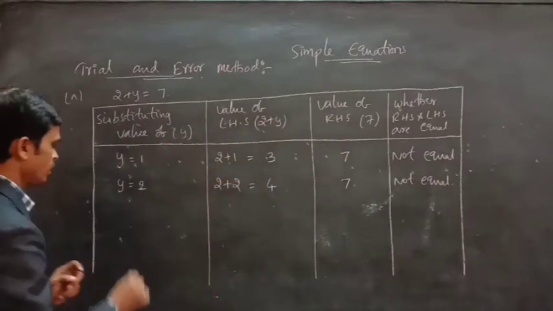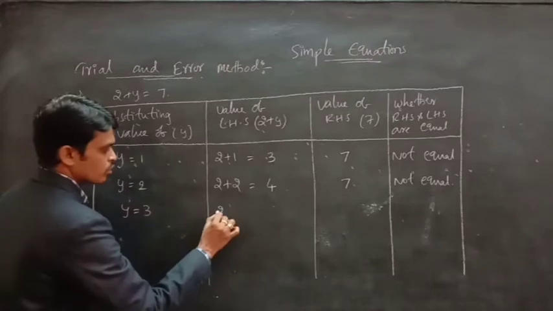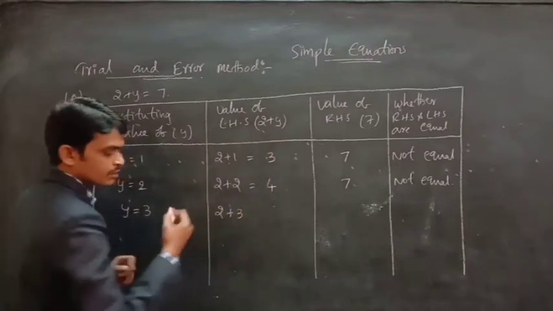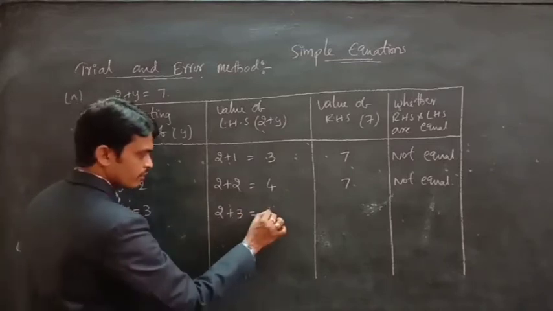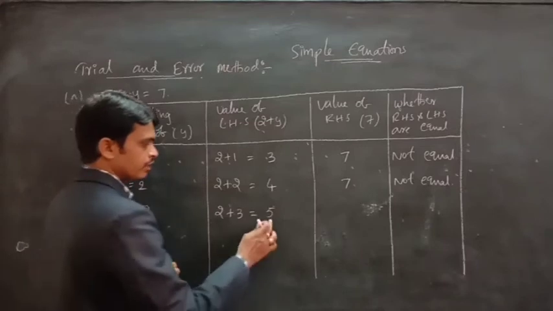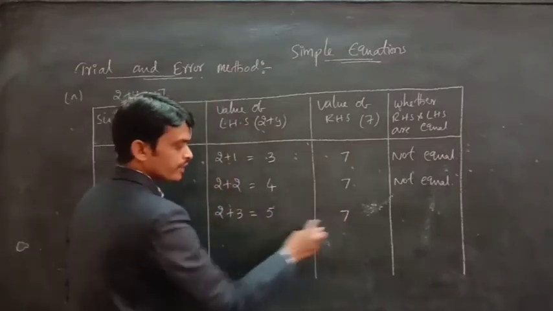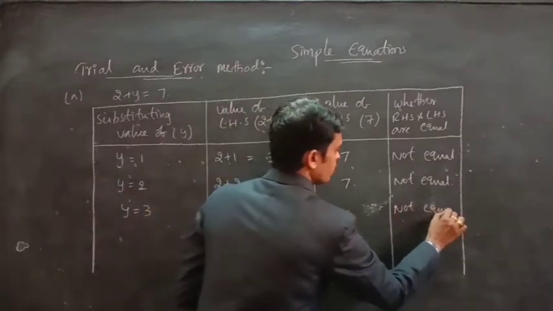Now let us take another value, y is equal to 3. Now 2 plus 3 is how much? 5. Then value of RHS 7. Are 5 and 7 equal? No, not equal.